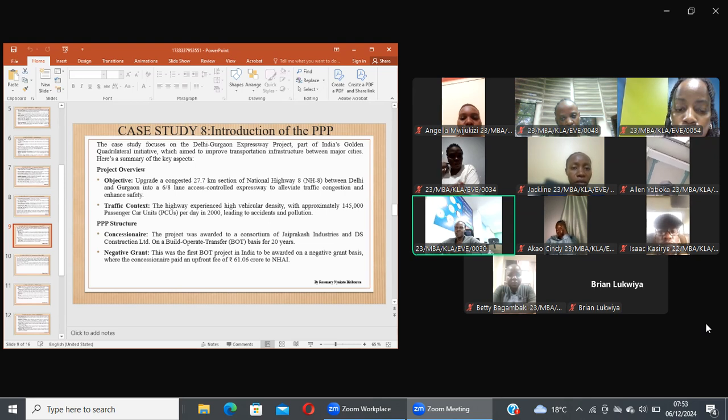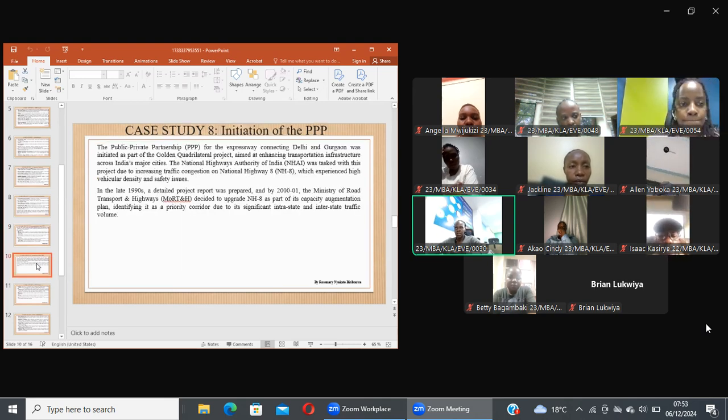This was the first build, operate, transfer project in India to be awarded on a negative grant basis, where the concessionaire paid an upfront fee of 61.06 crore to the National Highways Authority of India.